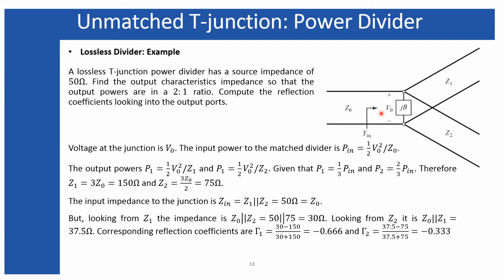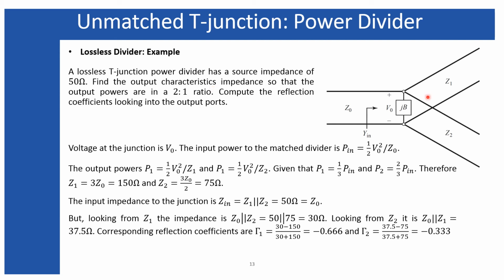So from here, I have just designed an unmatched T junction where these two ports are not matched. When I had designed the T junction with only one port unmatched, that is port 3, we have seen that port 3 gets completely decoupled from port 1 and port 2.